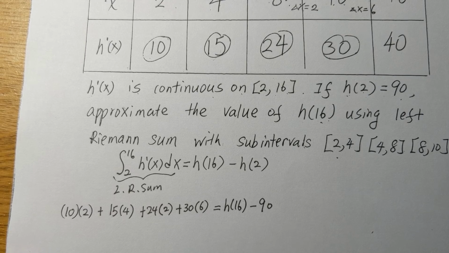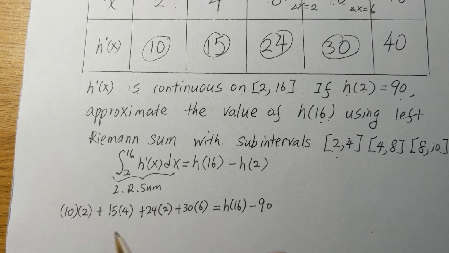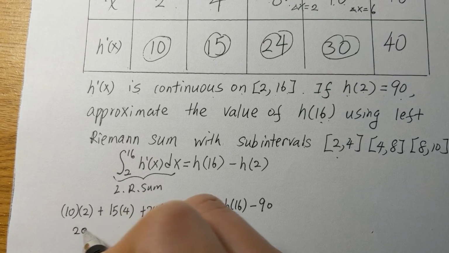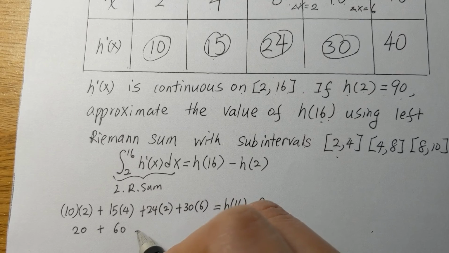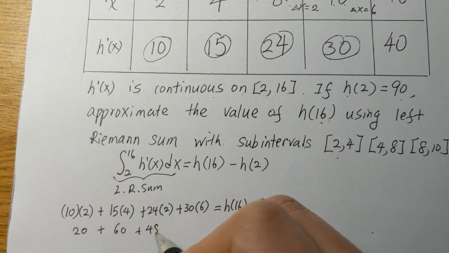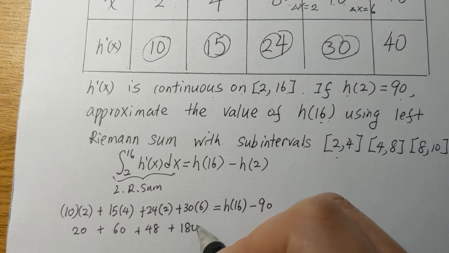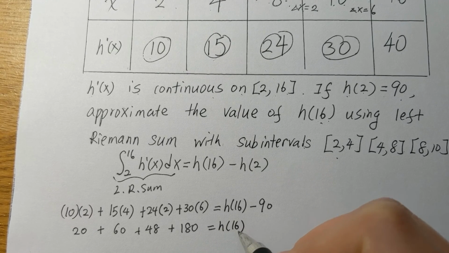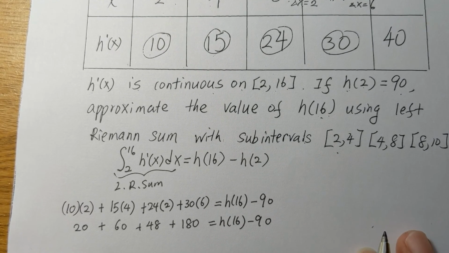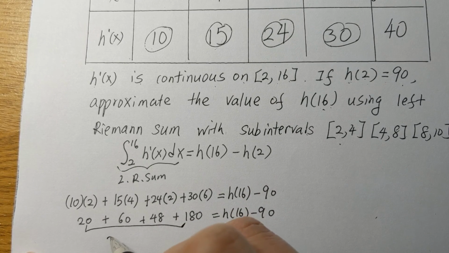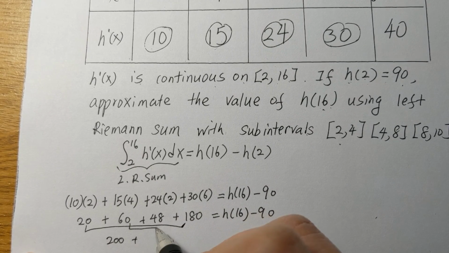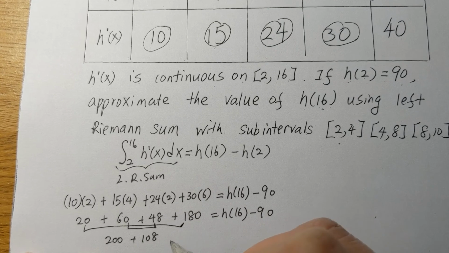So now all we have to do is calculate this. You can do it by hand or use a calculator. So you get 10 times 2 is 20, 15 times 4 is 60. Double of this is 48, 180. Now we're going to calculate. So this gives me 200, and this gives me 108.